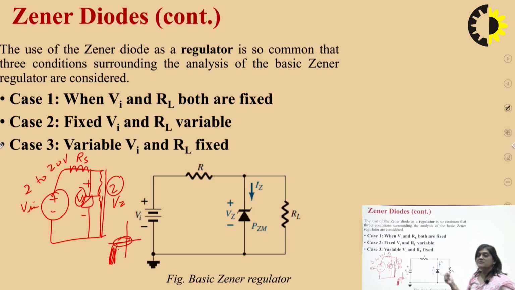So we have to keep the output voltage across this load constant while the load is varying. And in case 3, variable Vi and RL fixed, the input voltage is continuously changing, due to which the output across the RL is continuously changing. So we have to provide the line regulation here.